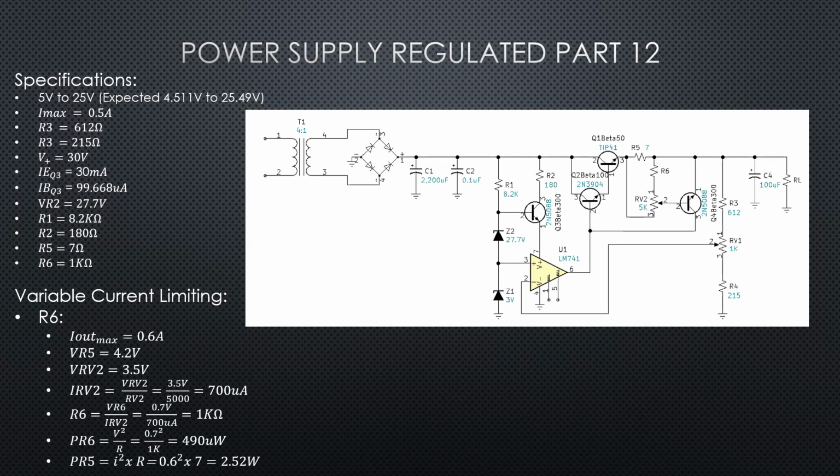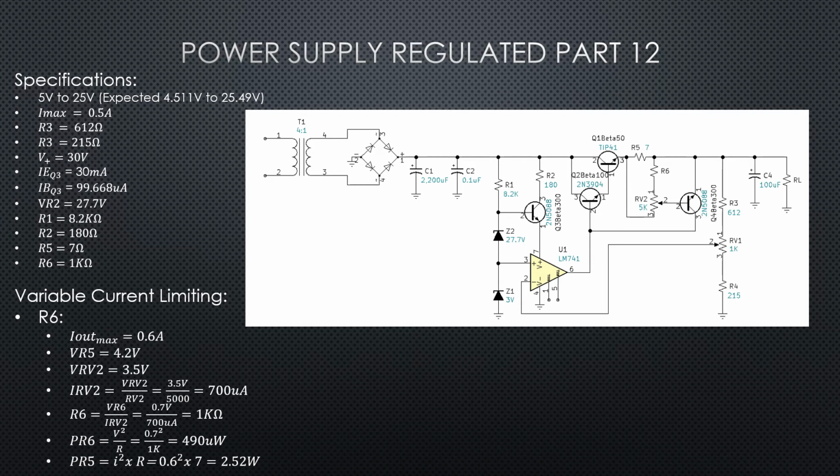Now we can find the current through the potentiometer branch and R6. IRV2 is equal to VRV2 divided by RV2.